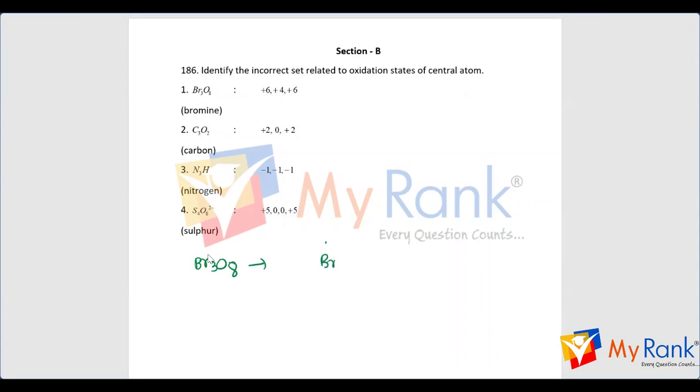If you see the structure of this, it has Br, O, O bonds, and Br double bond O, double bond O, and Br double bond O, double bond O, double bond O. For Br3O8, with oxygens at -2 each, the oxidation states are +6, +4, +6. The first one is correct only.